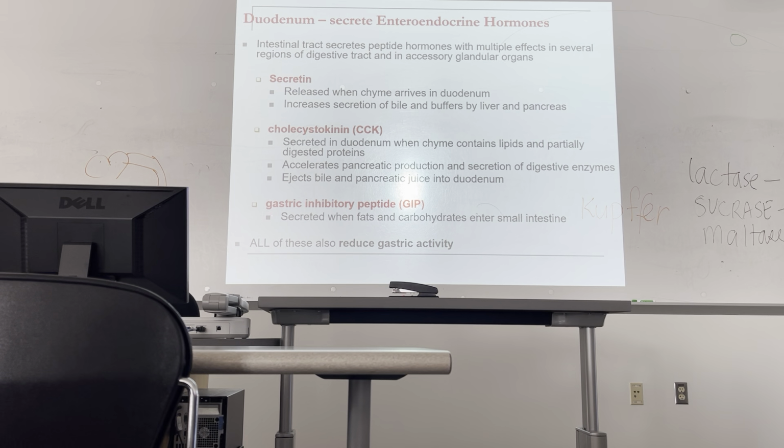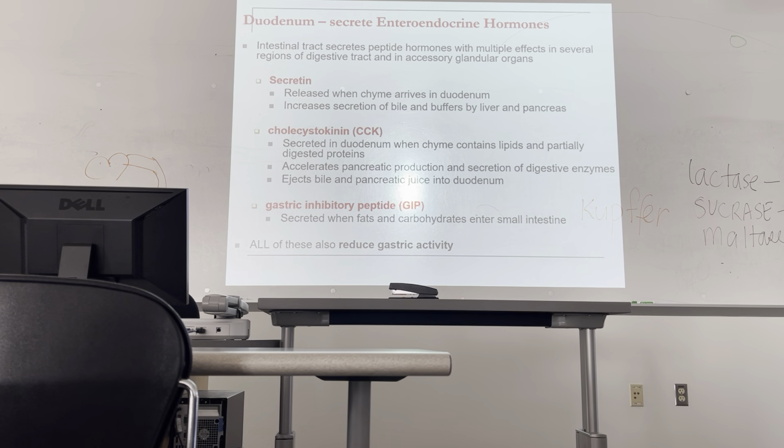And then you see another hormone right here, gastric inhibitory peptide, which is self-explanatory. What's the target and what is its effect on the target? Stomach, to inhibit the activity of the stomach because the duodenum is busy. So these are the three hormones of the enteroendocrine cells of the duodenum that I want you to remember. You have gastrin from the stomach, you have these three from the duodenum.